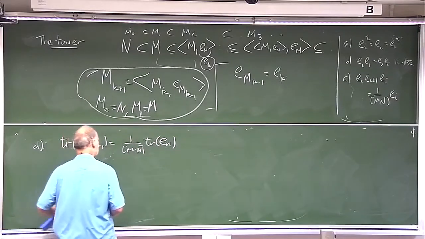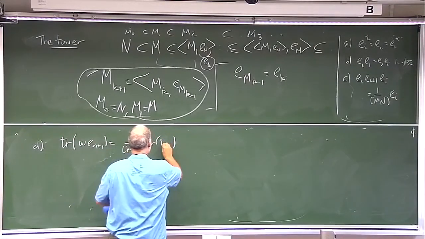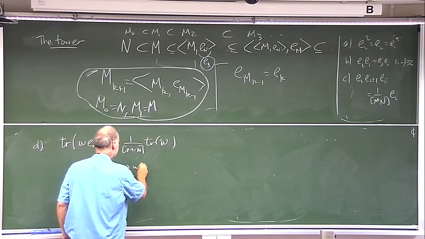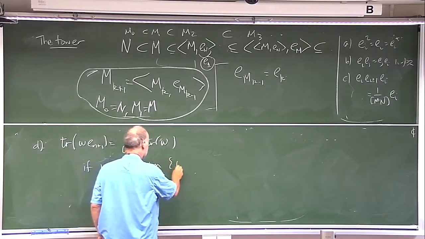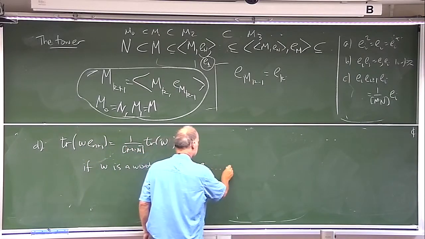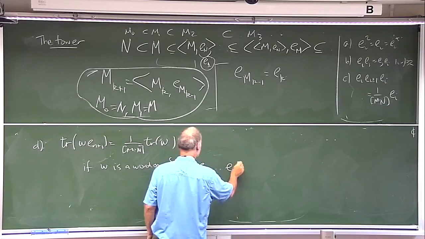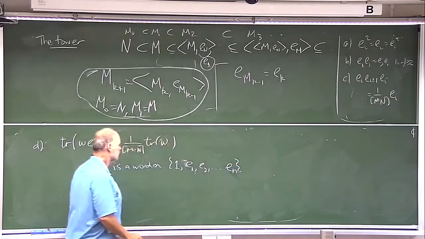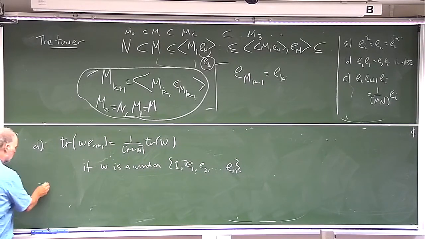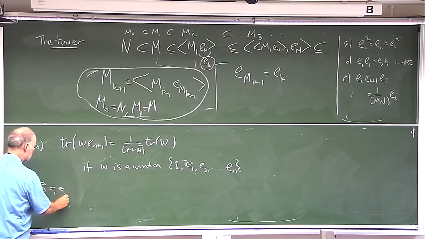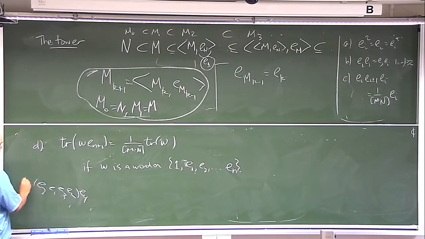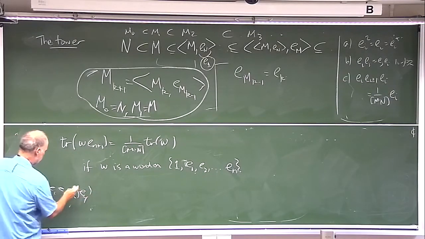times the trace of W, if W is a word. Okay, so that's if you have a word like E2 E1 E3 E2, and then you multiply it by E4, the trace of that is the same thing as the trace of this one.